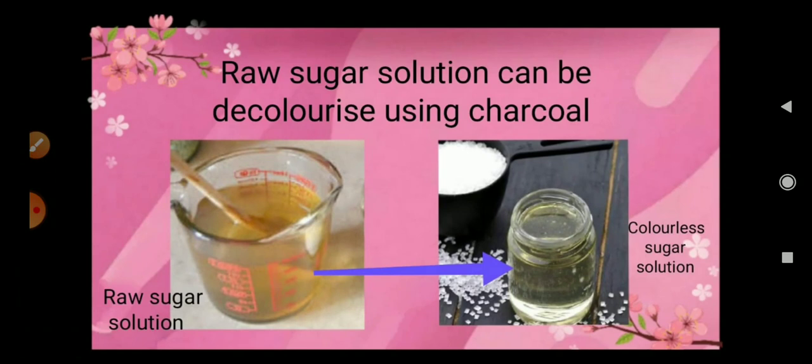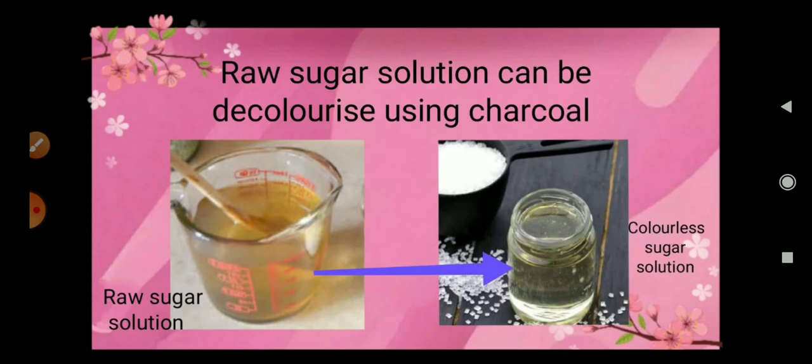Third example, as we know, the raw sugar solution that we get from sugarcane is slightly pale yellow in color. We can decolorize it when we use charcoal.